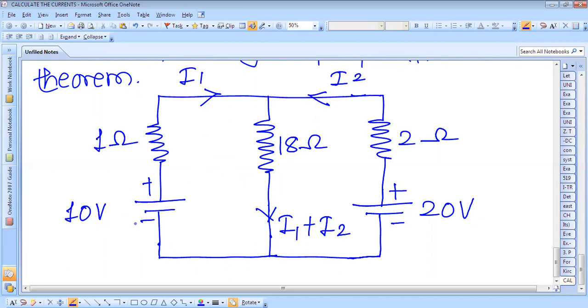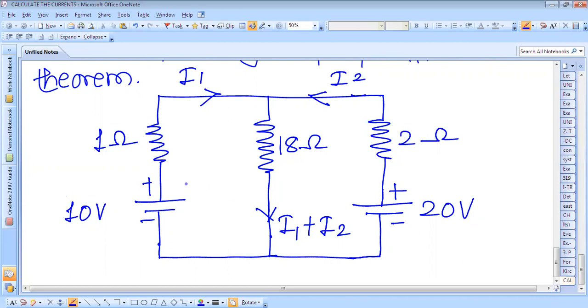So we will consider first this source and replace the other source by its internal resistance if any. If there is no internal resistance, we'll just short this voltage source. And at the second time, we will apply this voltage source and we will short the first voltage source. So every time we have to consider only one voltage source, and we have to find the current flowing through the network.